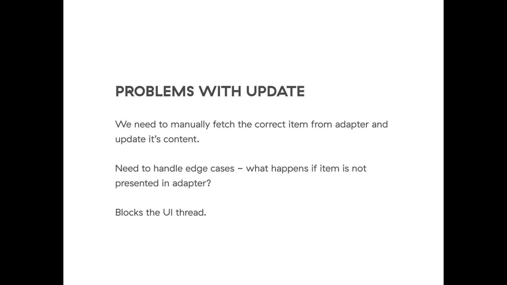First you search if that item is present in the new list. If it is, then update the content. If the item is missing in the second list, then we have to remove it manually. And if it's present in the second list but not in the first one, then we have to add it to the adapter. So things start to get a little bit more complicated.